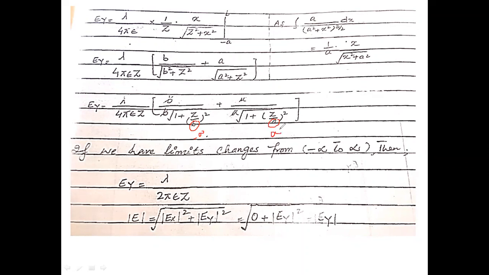Anything divided by infinity is equal to 0. So 0 plus 1 will be 1, and again this will also be 1. 1 plus 1 is equal to 2, and this 2 will be cancelled out with this 4, so we will be left with 2. So lambda over 2 pi epsilon z.